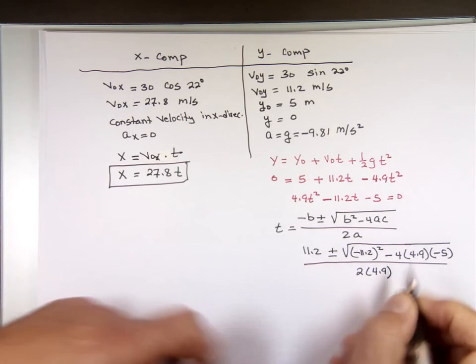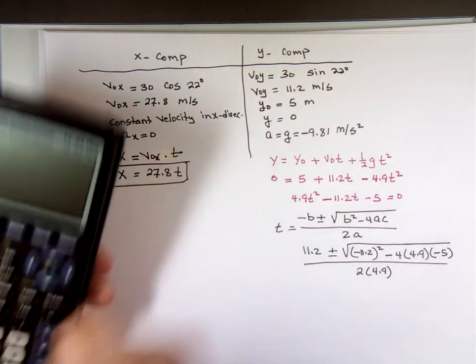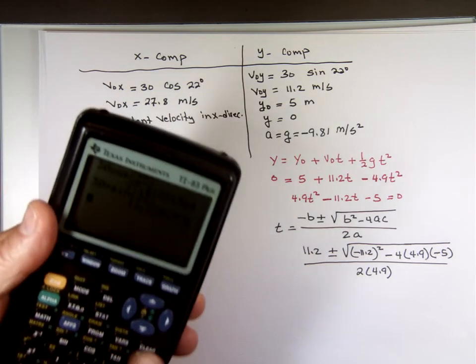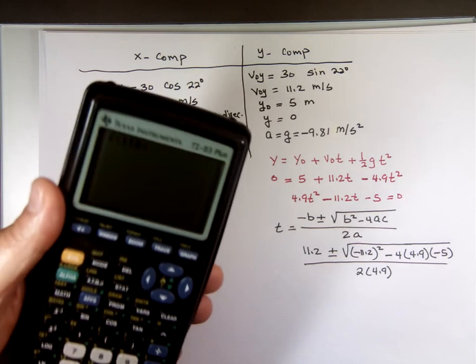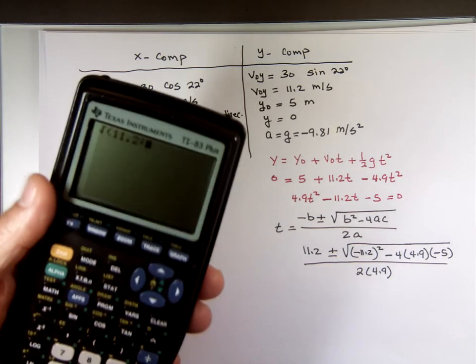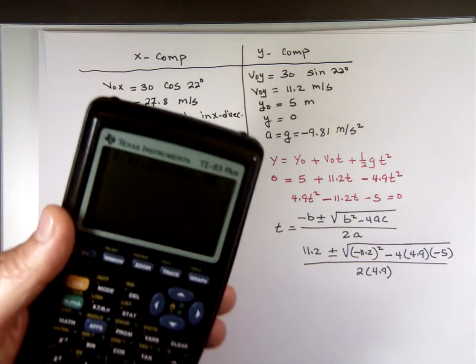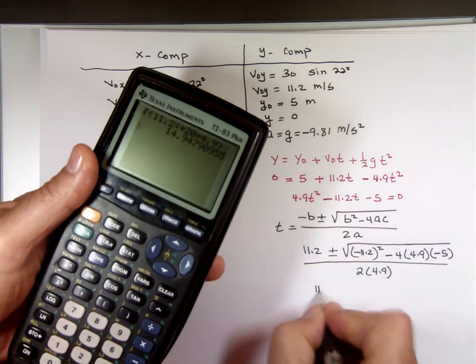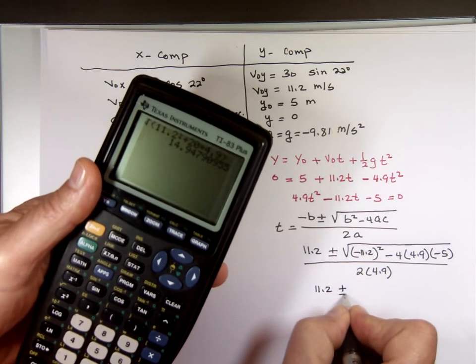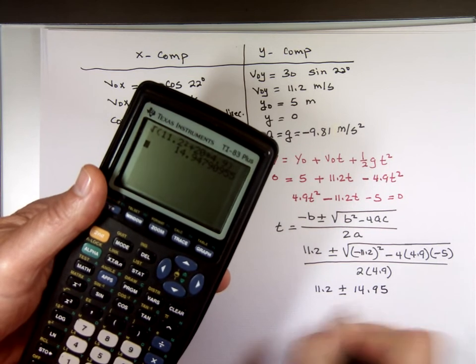Again, use your calculator, don't trust me with these. The square root of 11.2 squared minus 4ac, so I got 11.2 plus or minus 14.95 roughly, over 9.8.